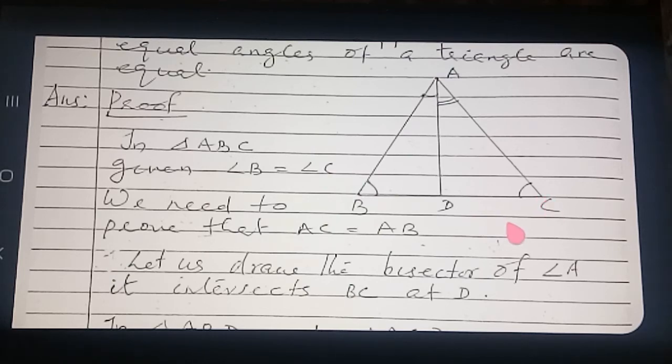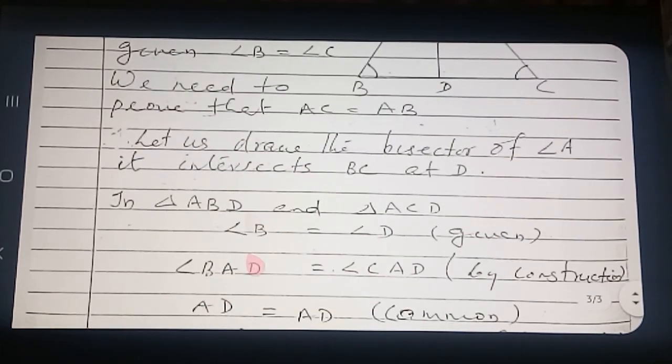Clear? So what I have written, see properly. See here. In triangle ABD and triangle ACD, angle B equal to angle C. By mistake I wrote D here, not C. Angle B and angle C are equal given.